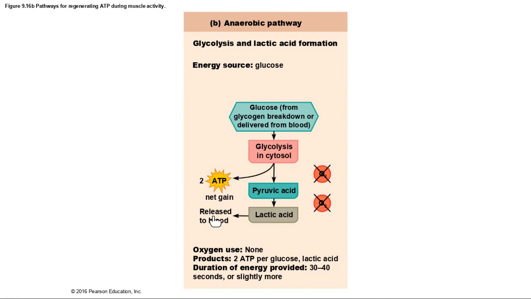Now, the liver has a special capability. The liver is able to do something called gluconeogenesis, and you don't really need to know that term. I'm not going to ask you about it. But in other words, the lactic acid goes to the liver because lactic acid will participate in actually reforming glucose.